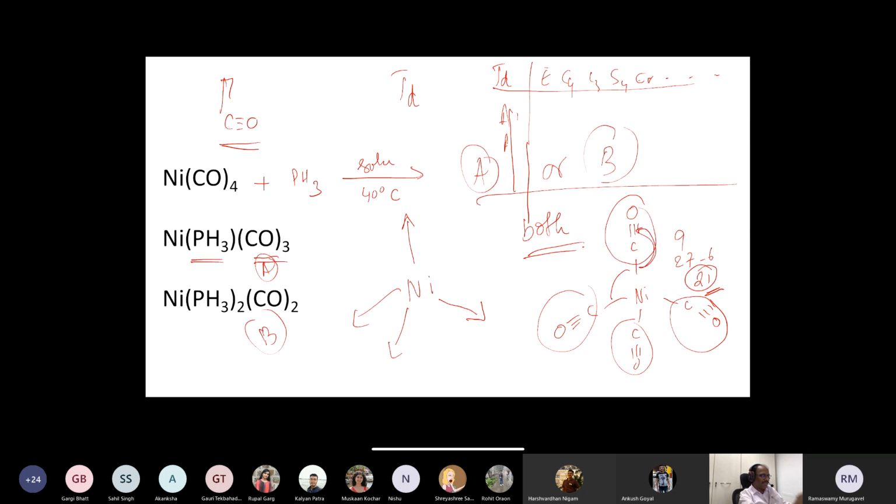Why am I worried about this bending right now? I'm really not. I will only worry about the C triple bond O frequency. So I set that up and get numbers a, b, c, d, e, f, with the symmetry elements E, C2, C4, C3, etc., and their coefficients. I have the character table.